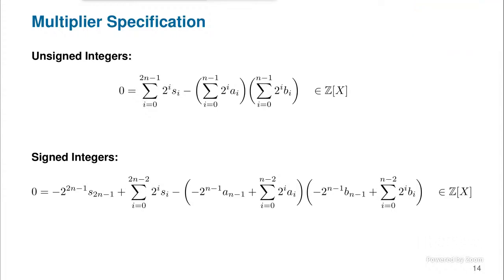Just a comment about the relationship with CDCL and the question about whether this method does better. In principle, this method, on simple multipliers, is something like quadratic in the bit width, roughly, but the best upper bounds we have for resolution are much higher polynomial powers, n to the 5th, n to the 6th.